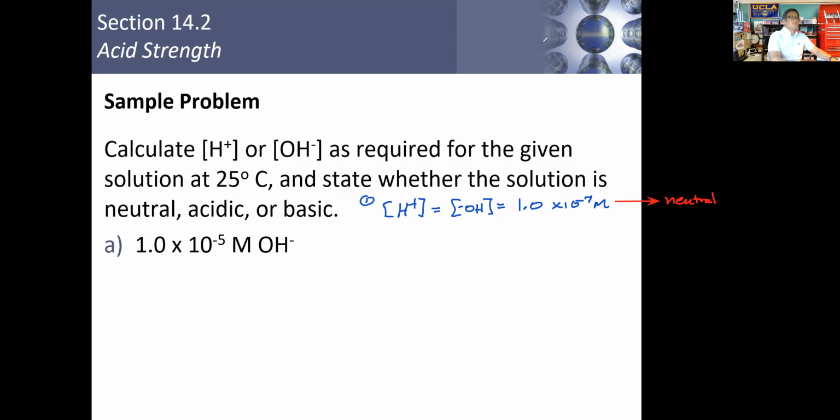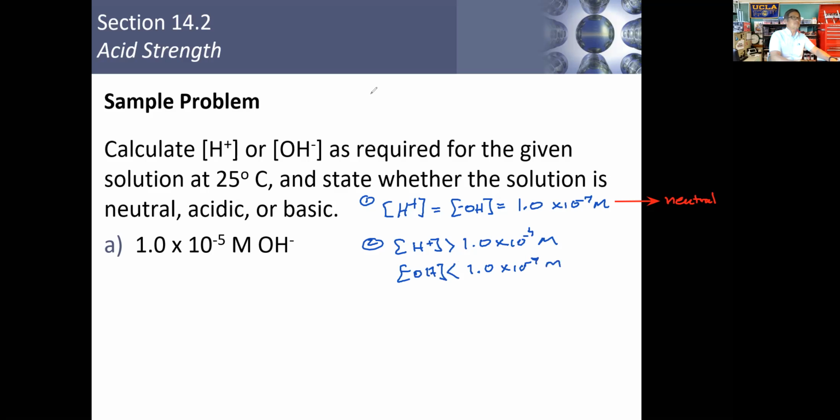The second instance: if the hydrogen ion concentration is greater than 1 times 10 to the minus 7, which is neutral, then we know the hydroxide ion concentration has to be less than 1 times 10 to the minus 7.